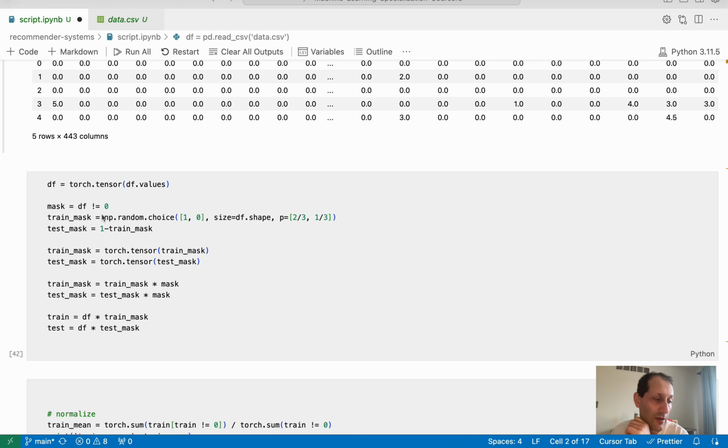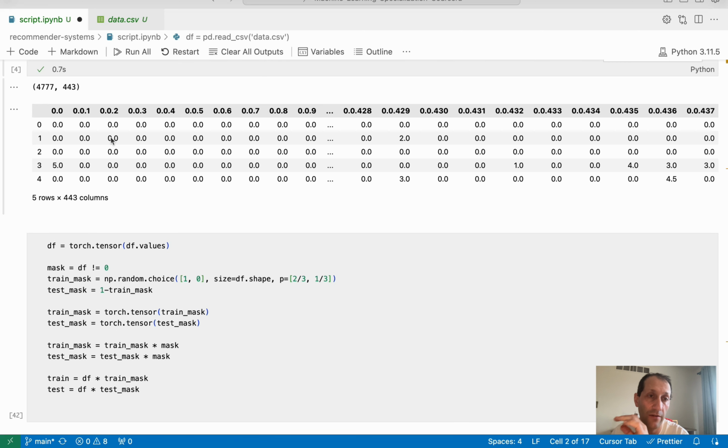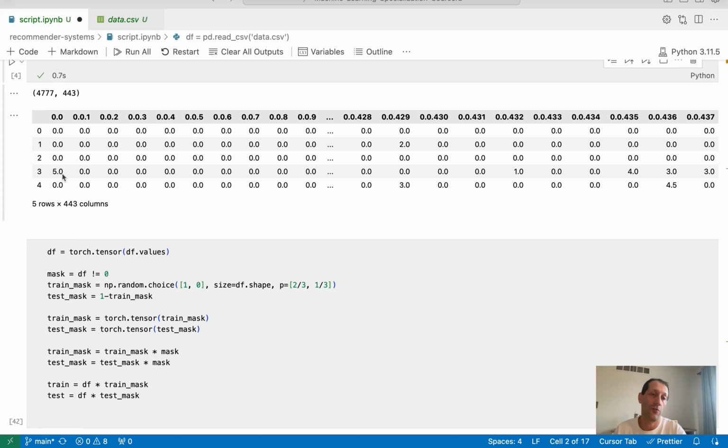What I did was that I created a mask, a train mask, and then the opposite of that would be the test mask that just assigns a 0 to some of the non-zero elements and hides them away for training, and then does the reverse for testing. And that way, some of the data points were never looked at during training, and some were looked at only during testing.